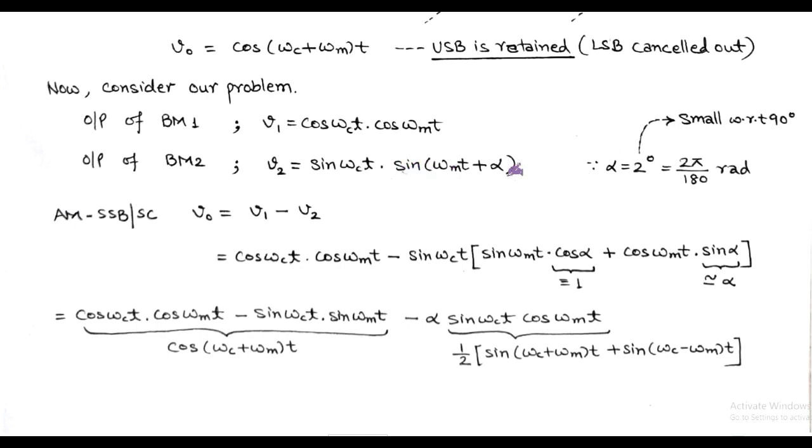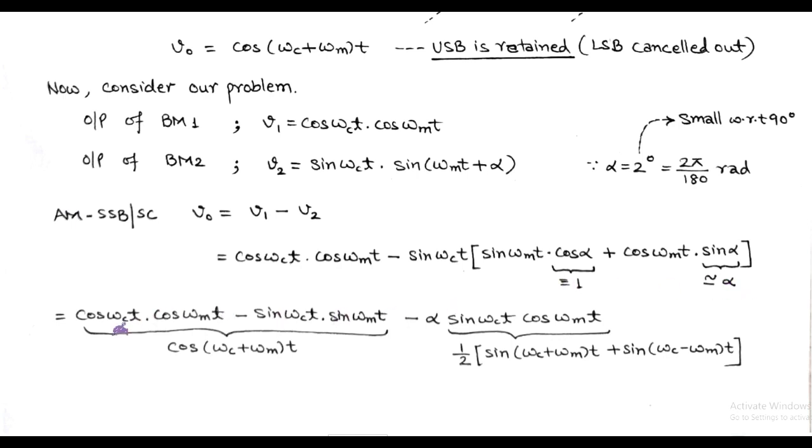Now, sin of (omega Mt plus alpha) can be written as sin omega Mt cos alpha plus cos omega Mt sin alpha. Since the deviation is very small with respect to 90 degree, cos alpha is approximately equal to 1 and sin alpha is approximately equal to alpha.